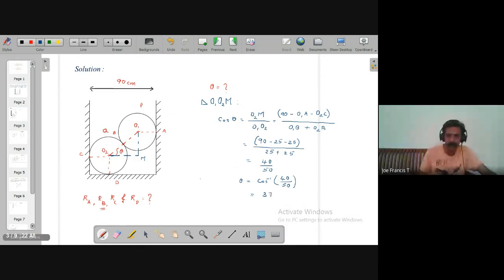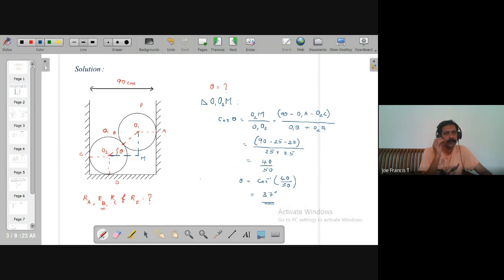So that is that angle theta, just around 37 degrees. So you got this. This is the first step that you should do when it comes to solving this particular problem.